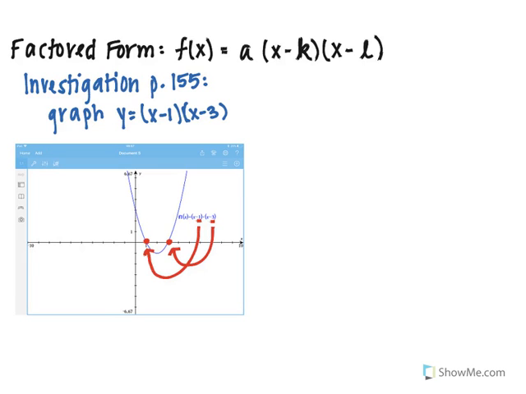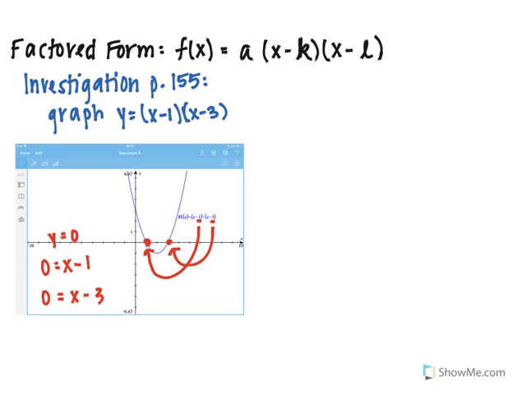And the reason, because remember on the x-axis, y equals 0, so the x-intercepts are at positive 1 and positive 3 instead of negative 1 and negative 3, is because these two parentheses must equal 0.